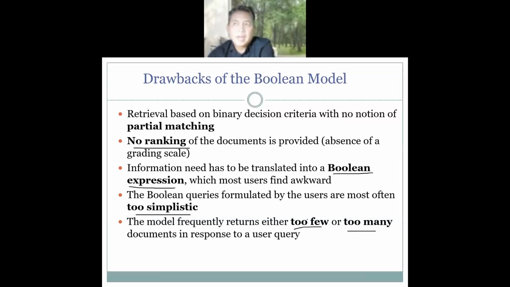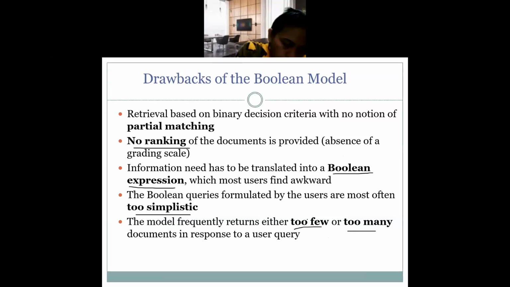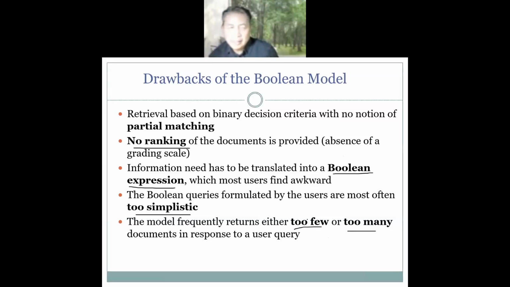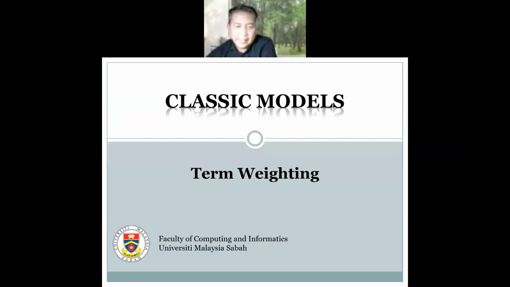Okay, so there'll be one time when you have so many documents that match the query, because the final prediction is relevant or not relevant. There'll be a time when you will receive zero, because none of the pattern matches the pattern in the query. Okay, so this is not good. They cannot perform ranking. That's why they use term weighting.